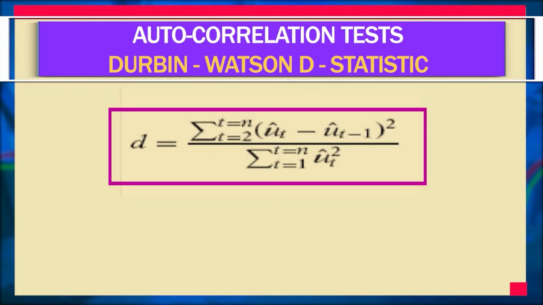If these assumptions are satisfied, then we can concentrate on the Durbin-Watson d statistic, which is shown in this slide. We observe by the formula that the Durbin-Watson d statistic is the summation of (ut hat minus ut minus 1 hat) whole square in the numerator, divided by the summation of ut hat square.